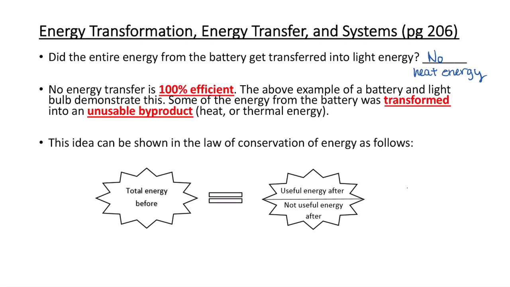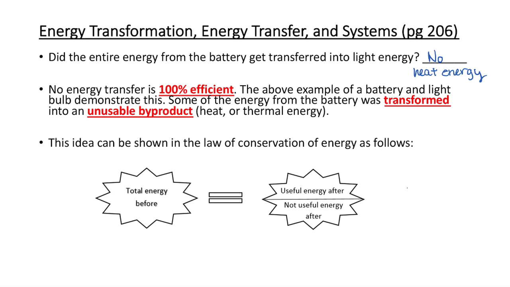No energy transfer is 100% efficient. The above example of a battery and light bulb demonstrates this. Some of the energy from the battery was transformed into an unusable byproduct known as heat or thermal energy. This idea can be shown in the law of conservation of energy as well.